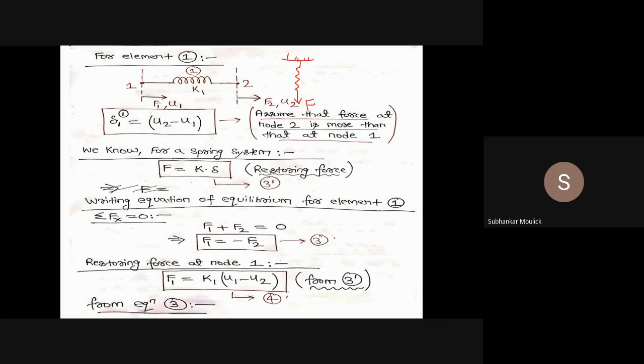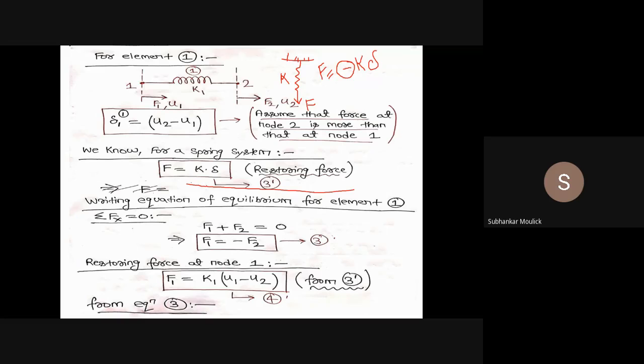The spring will come back to its initial position by the help of a force, and that force is known as the restoring force, given by F equal to minus stiffness of the spring, K, into the displacement of the spring. In our case, the displacement is delta. So let us neglect this minus sign.